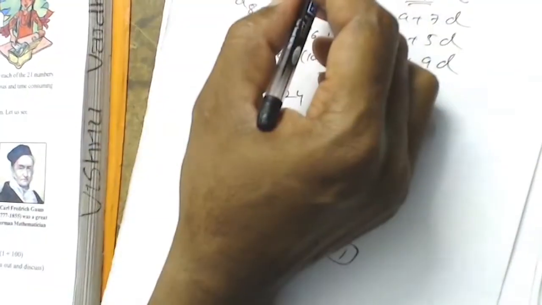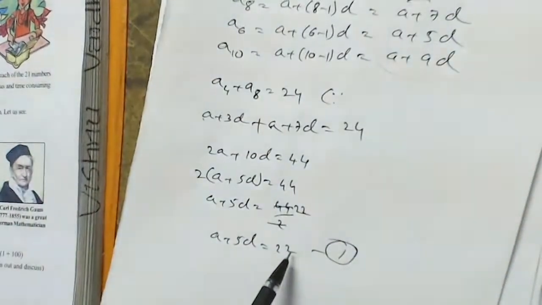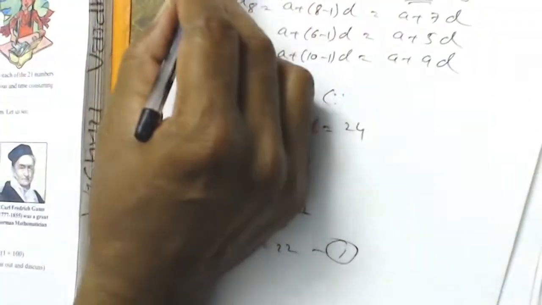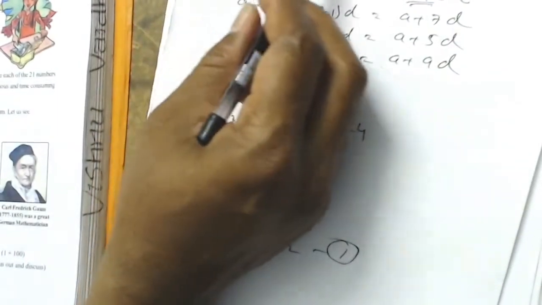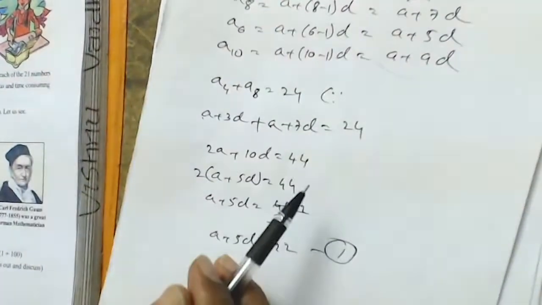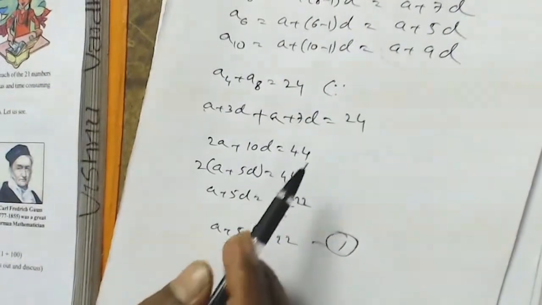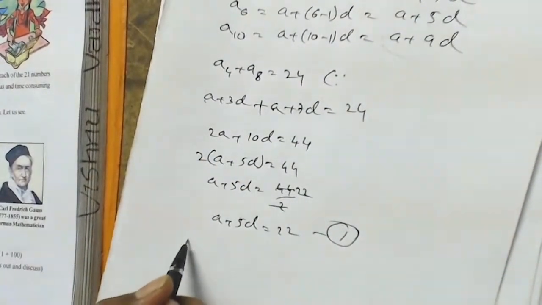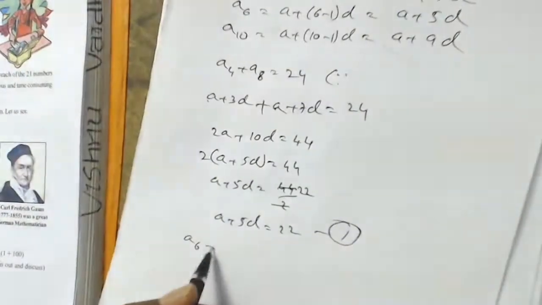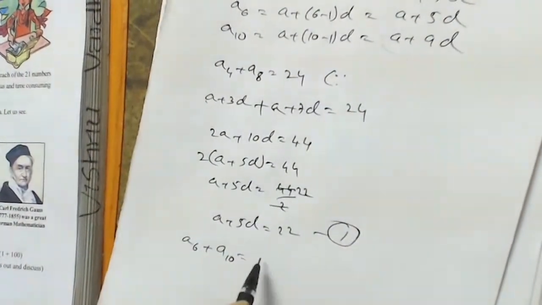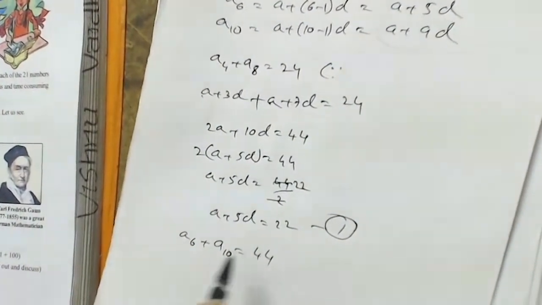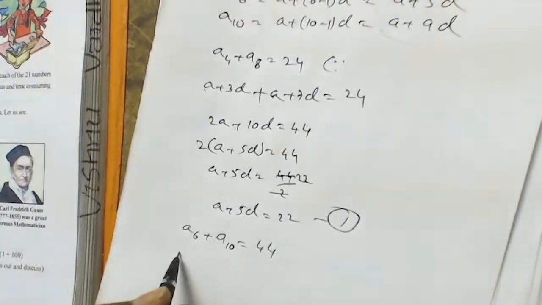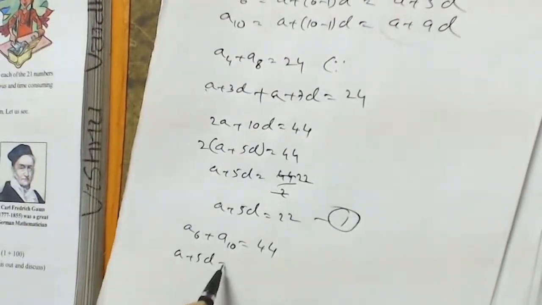So with one statement we got one equation. Another statement they have given is that the sum of 6th and 10th terms of the AP is 44. Same as the previous one, A6 plus A10 gives 44. In place of A6 write A plus 5D, and in place of A10 write A plus 9D.